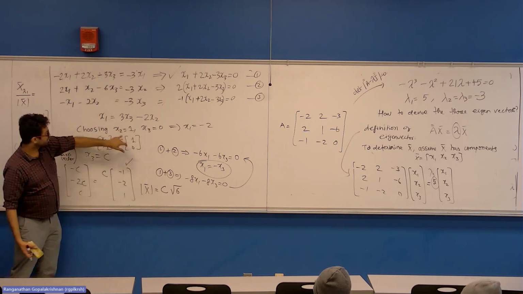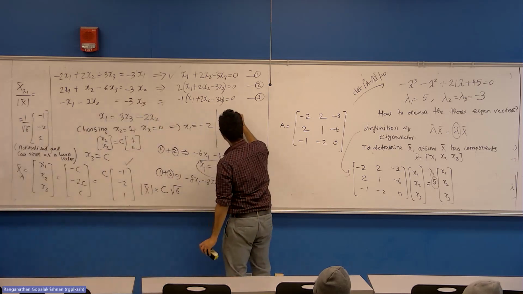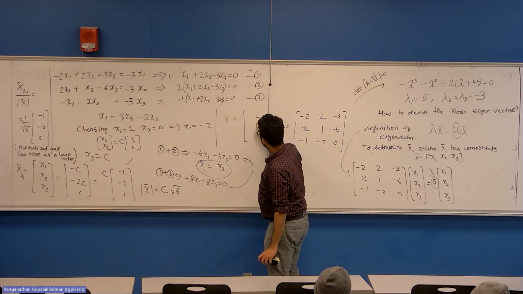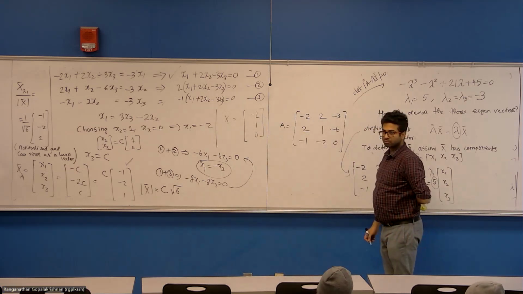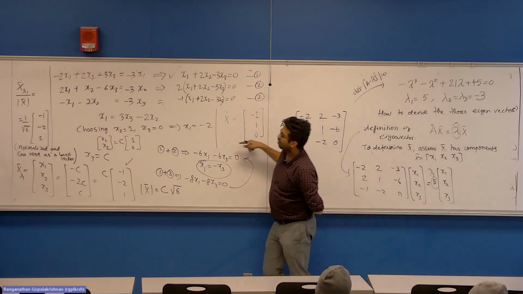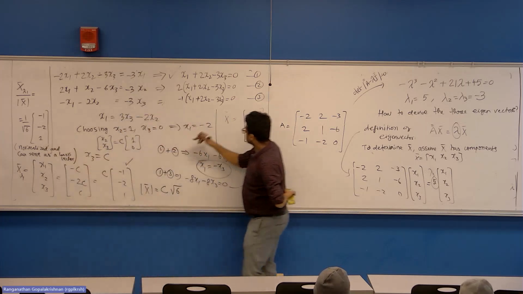So if you have chosen 1 and 0, then the x vector is minus 2, 1, 0. First, make sure this is not another form of the first vector. So this is a valid choice.